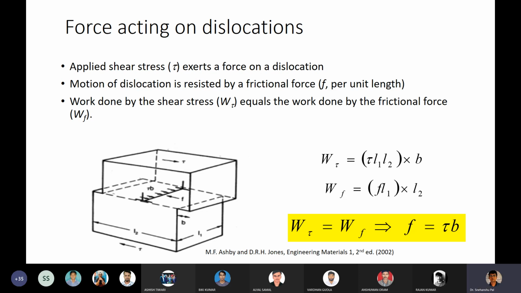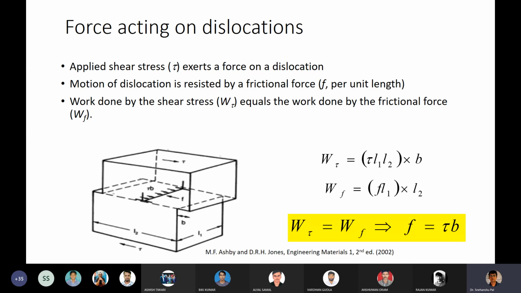Another way of defining a dislocation is that it is the boundary line between the slip region and the unslipped region. So both ways you can relate that shear stress has a direct impact on the force on a dislocation. So applied shear stress is going to create a force on a particular dislocation.